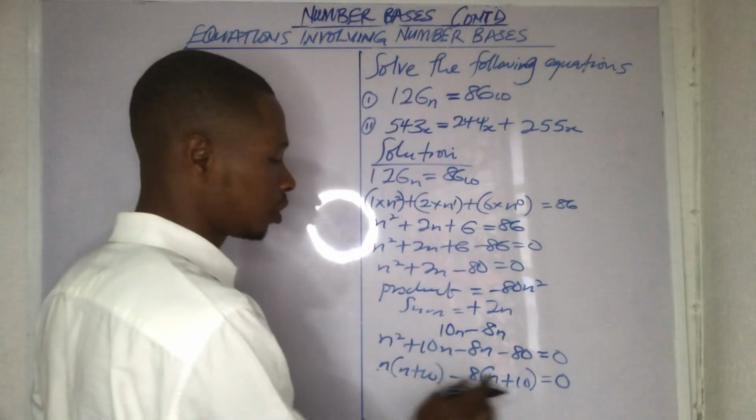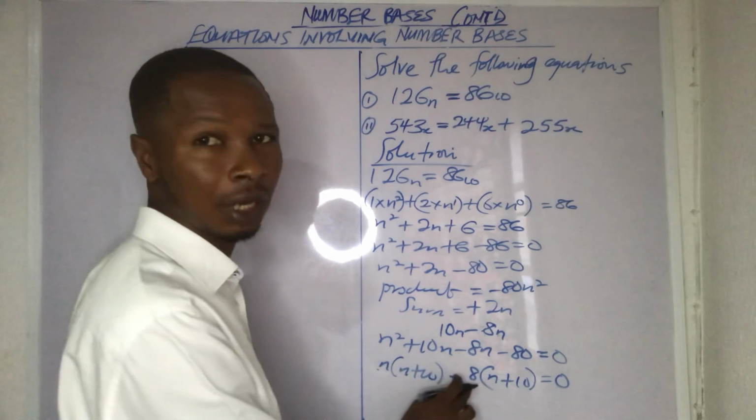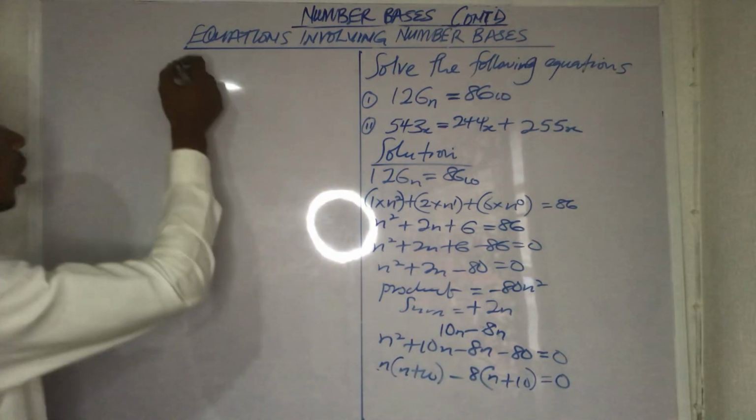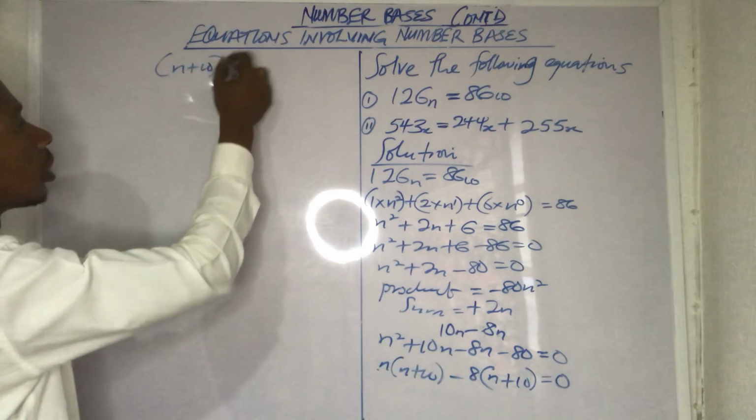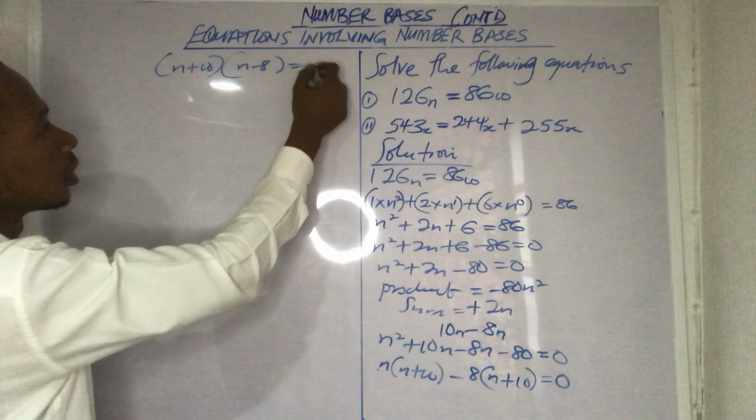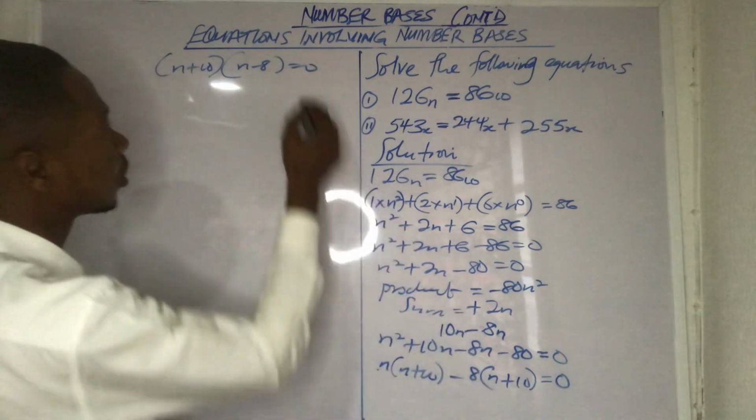I will take one of these two, then put these other ones in brackets. So in that case, I will have open bracket n plus 10, then n minus 8, which is this and this, is equal to 0.